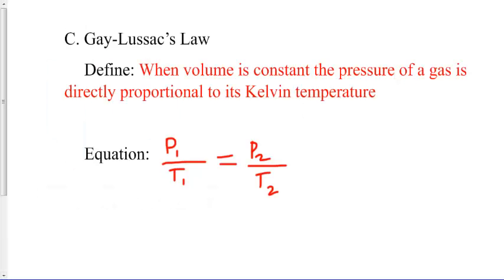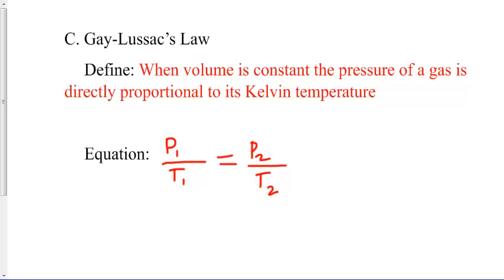So the definition for Gay-Lussac's Law: when volume is constant, the pressure of a gas is directly proportional to its Kelvin temperature. Again, we use Kelvin because there are no negative numbers, and because it is a directly proportional relationship, we're using division.